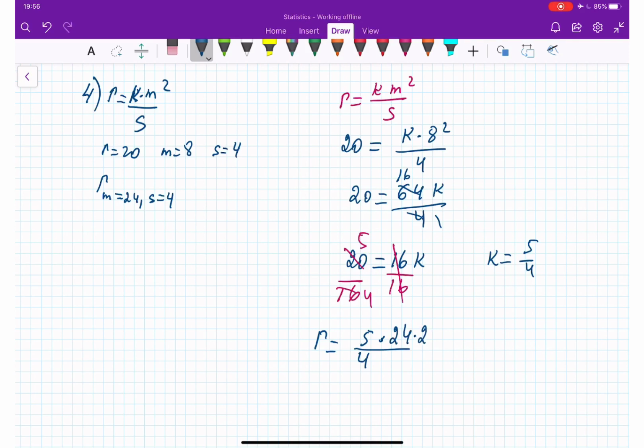I'm just going to put 24 times 24, I don't feel like squaring, and divide by 4, which is s. So this 4 with this 24 is going to be 6, and this 4 with this 24 is going to be 6. So we are getting 5 times 6 times 6. 5 times 6 is 30. 30 times 6 is 180.